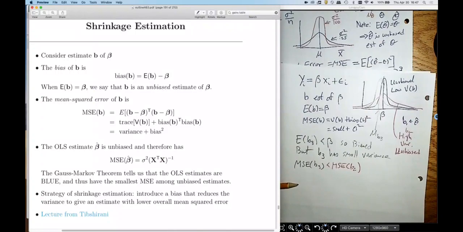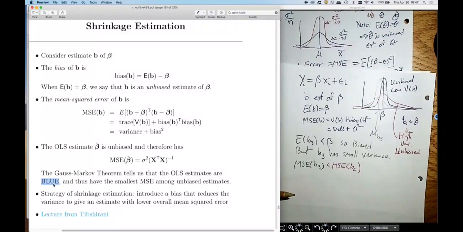I'll just mention that there's a famous theorem called the Gauss-Markov theorem. Gauss-Markov says that the ordinary least squares estimates that we've used throughout the class are said to be BLUE. So what does BLUE mean? BLUE is an acronym that means the best, meaning lowest variance, unbiased, so the best linear unbiased estimator.